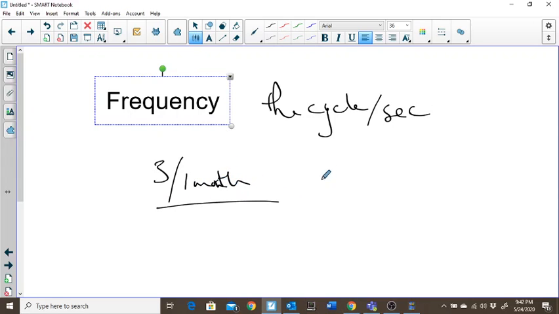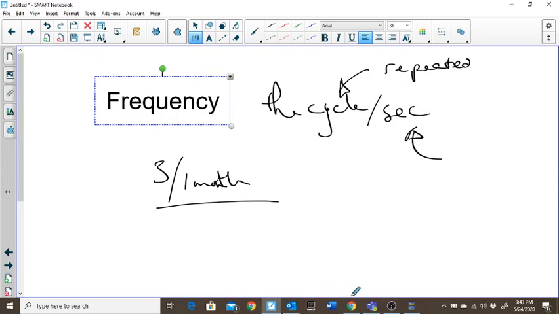That would be a frequency. It's something that happens, what we call a cycle. Generally, it's like a repeated type of motion or a repeated something. And then we have time on the bottom.